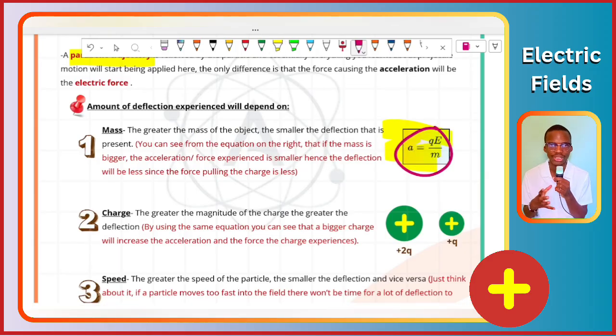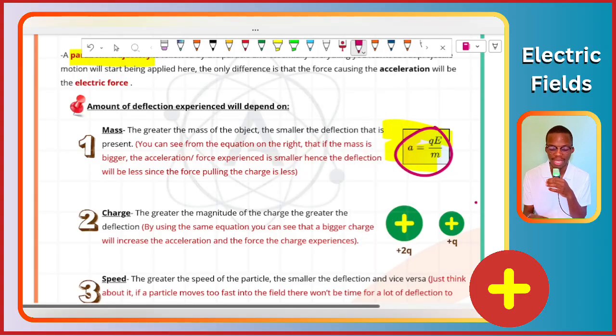The amount of deflection that is experienced by this particle will depend on three factors that we're going to explore together. The first one is mass. The mass of the object will affect the deflection it is going to experience. The greater the mass of the object, so if it's very heavy, the smaller the deflection that is going to be present on that object. You can see it from that equation on the right.